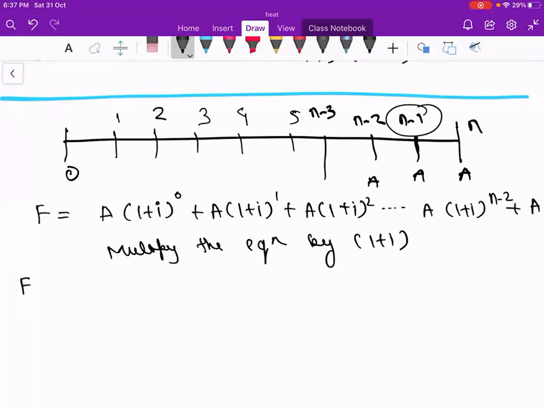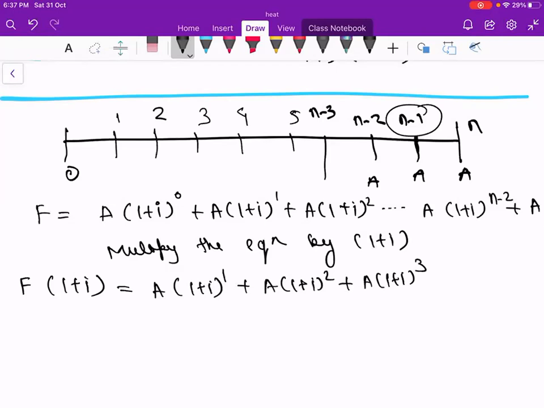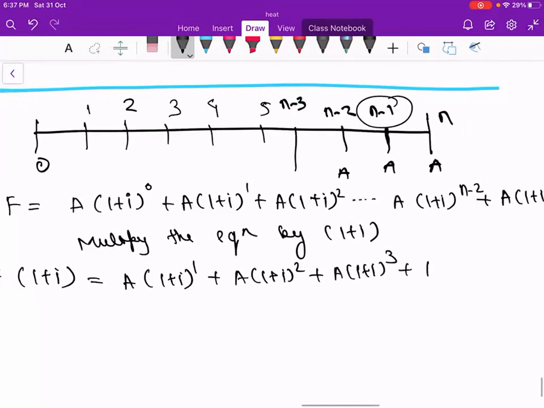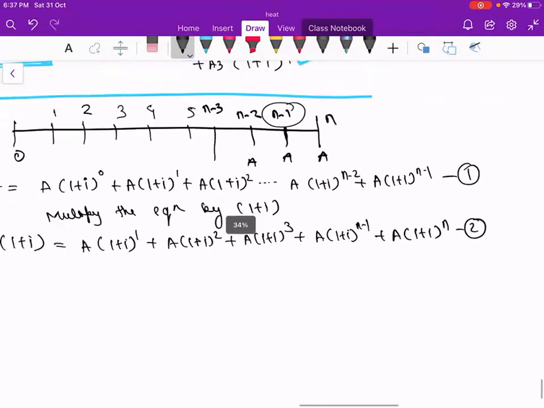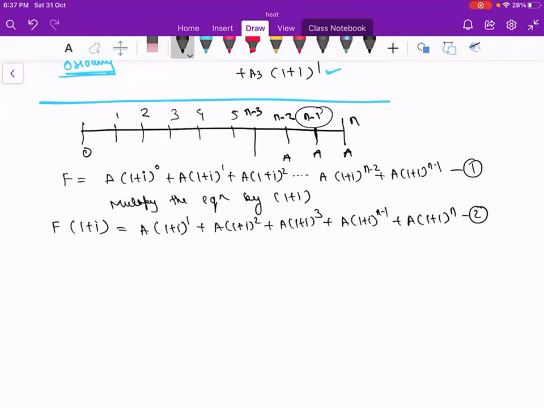F times (1 plus i) equals A(1 plus i)^1 plus A(1 plus i)^2 plus A(1 plus i)^3, and at the last, plus A(1 plus i)^(n minus 1) plus A(1 plus i)^n. This is equation number 1, this is equation number 2. You have two equations basically.